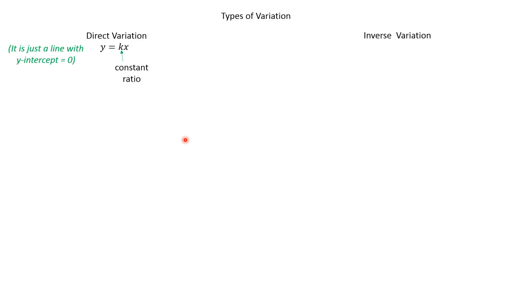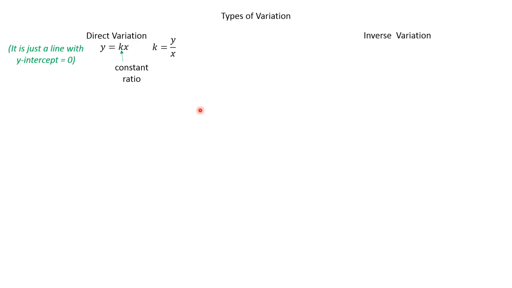But we call it the constant ratio because for this problem it'll always be the same. If we divide by x, we get k equals y over x. And so if y divided by x is always going to be the same thing, it's a direct variation problem. This does not happen if it's a line that does not go through 0, 0. So that is important. But again, direct variation.